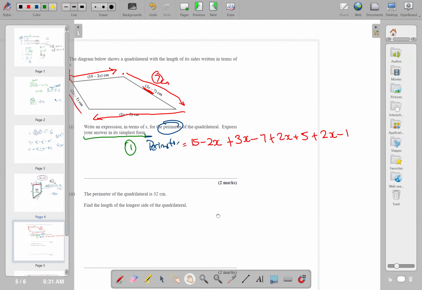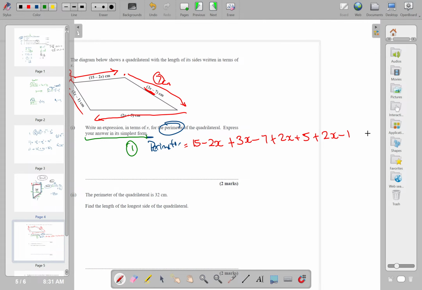When you're going to simplify expressions, look for what is similar. Because if I give you 2x and I say add 3x, you're going to combine these 2 objects into 1. I have 2 phones plus 3 phones. That's going to give me 5 phones. So 2x plus 3x will give me 5x.